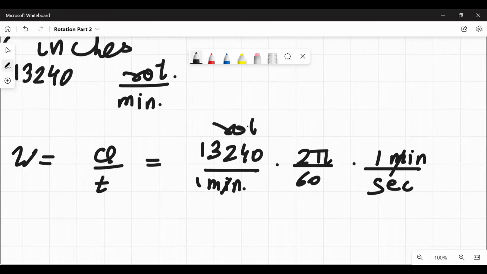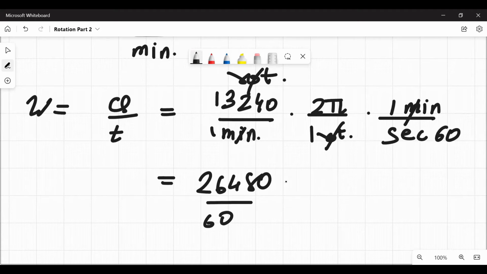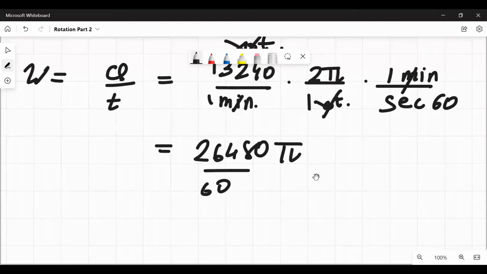This was rotations, and this is one rotation. So the rotations cancel out, so we are now left with 26480 over 60. This is supposed to be 60 here. Pi radians per second.